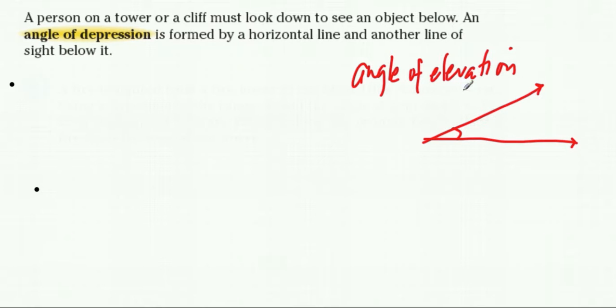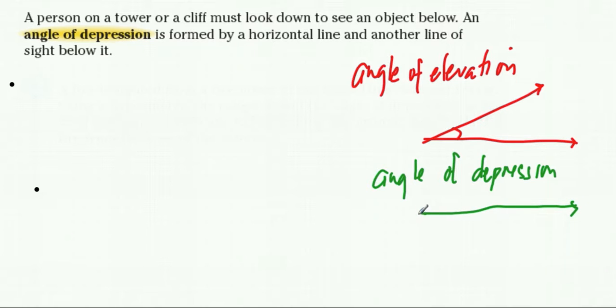So that's how our angle of elevation looks. In our angle of depression, we now have our horizontal line right here and the line of sight below it. So this is our horizontal line and this is our line of sight, LS.